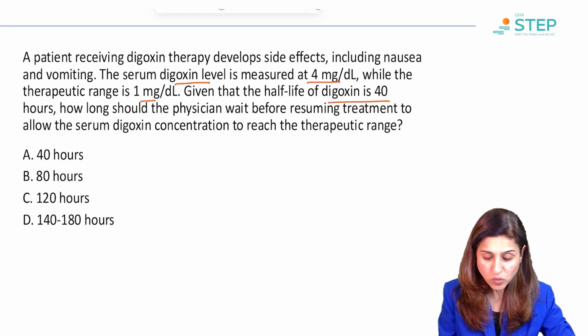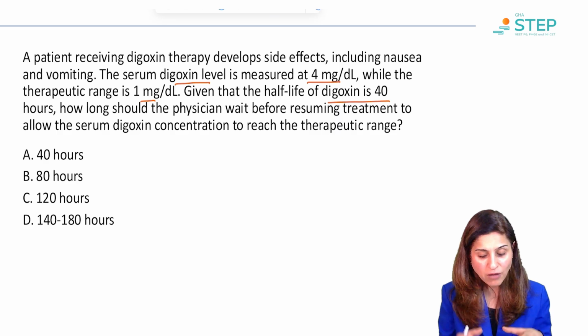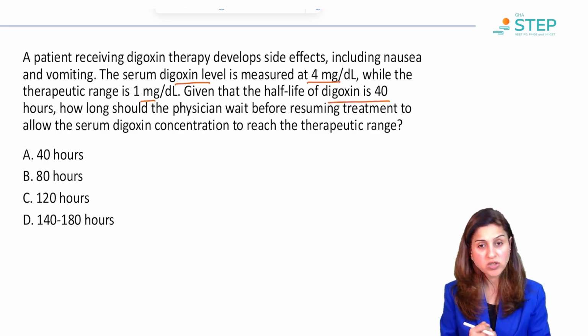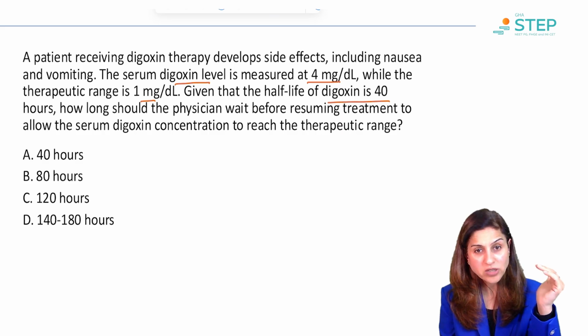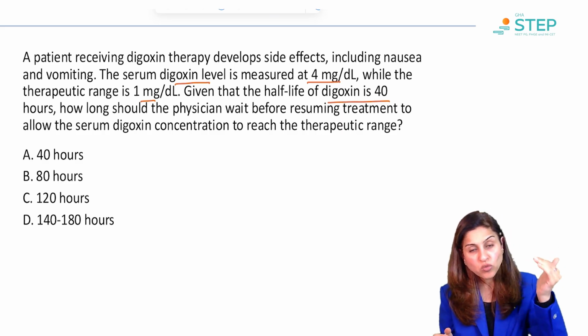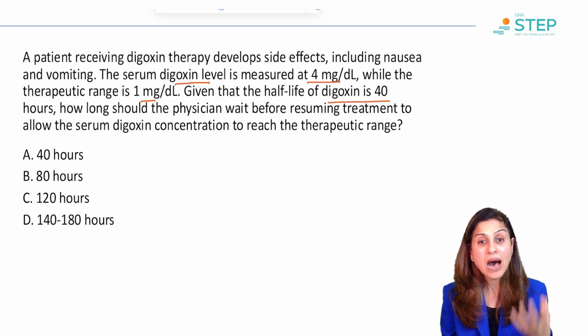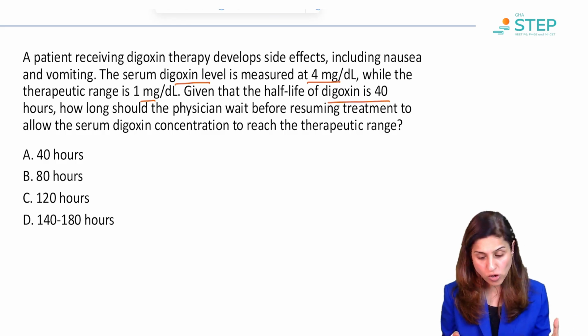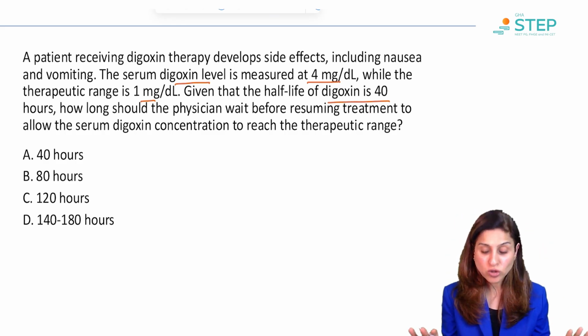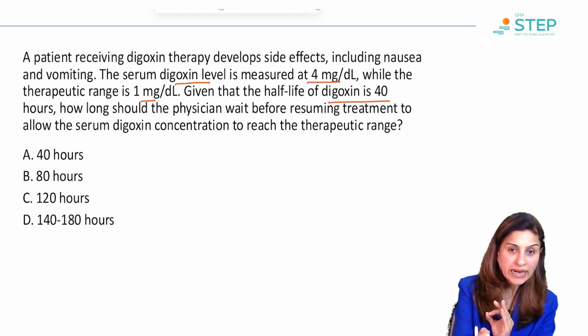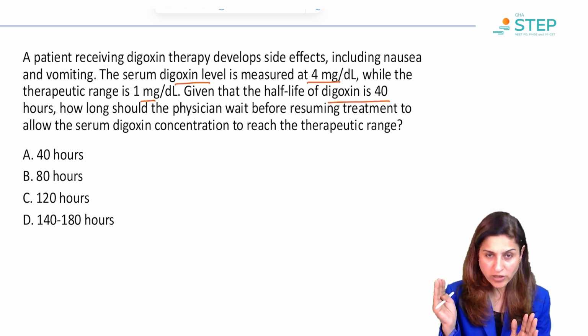How long should the physician wait before resuming treatment to allow the serum digoxin concentration to reach a therapeutic range? Basically, what they're asking is that the level of digoxin is 4, and you want to bring it to 1. How much time will it take for digoxin to go from 4 milligrams to 1 milligram? And they have given you the half-life, so they have given you a hint that you have to put half-life into action here.